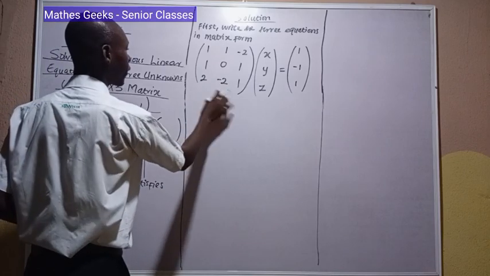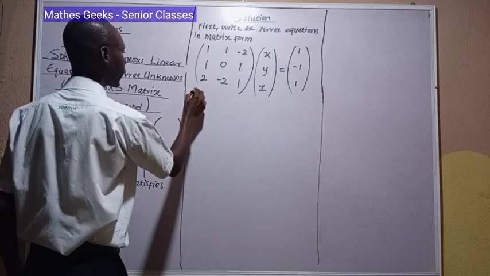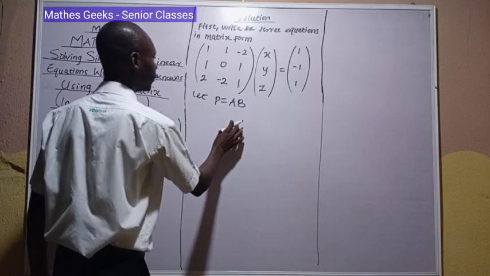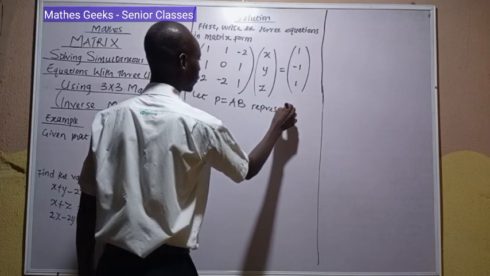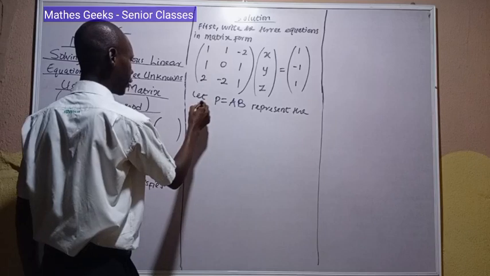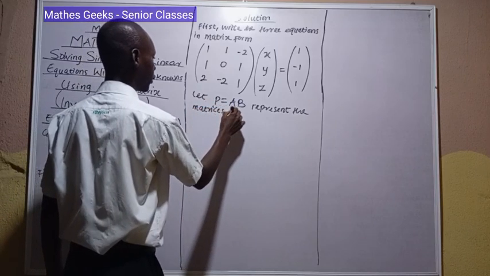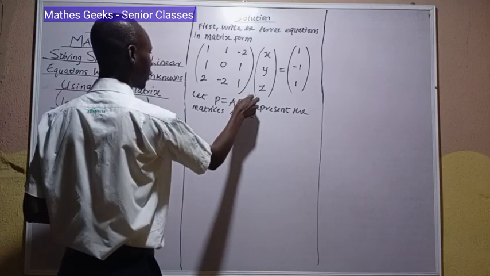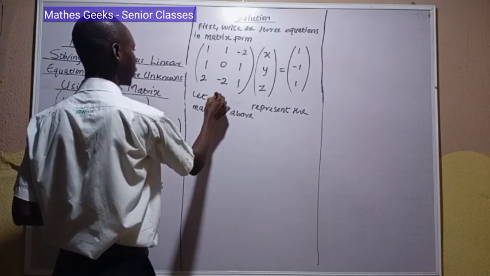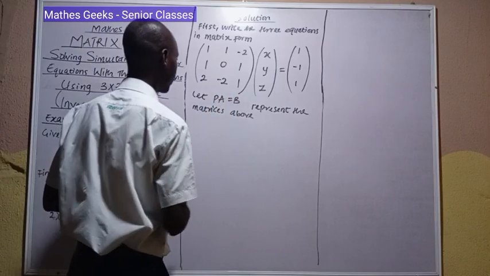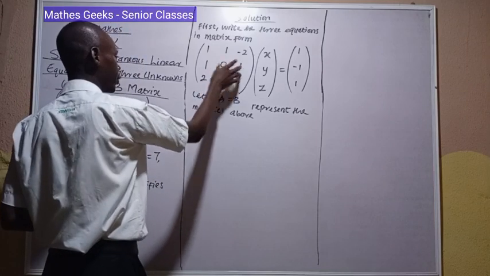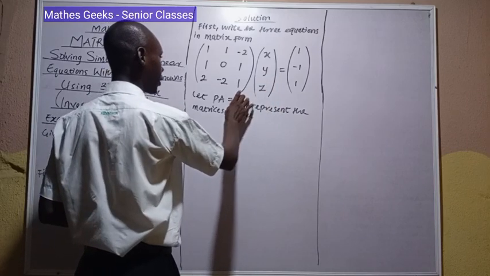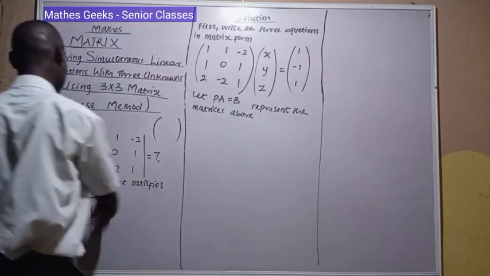Let PE equal B represent the matrices above, where P is this 3x3 matrix, E is the matrix of the unknowns x, y, z, and B is the matrix of the answers here.